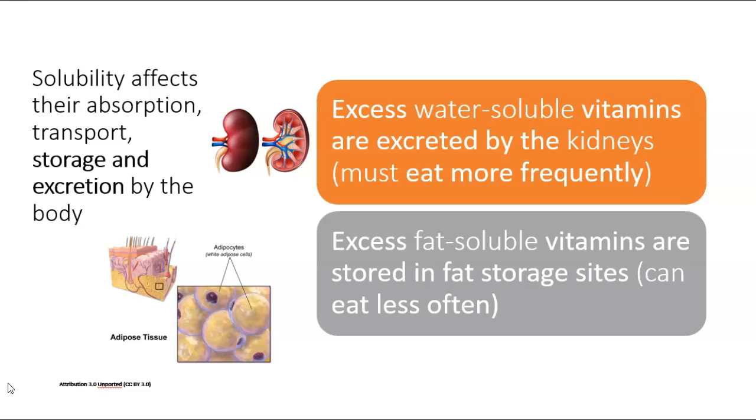So they can be more toxic than the water-soluble vitamins. So with the water-soluble vitamins, like I said here, you must eat them more frequently because we're constantly getting rid of any extra. And with the fat-soluble vitamins, because we store some of them, you can eat them less often. You can probably go 1 to 2 months before you become deficient in one of the fat-soluble vitamins.